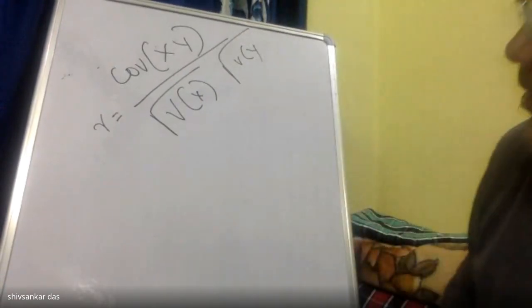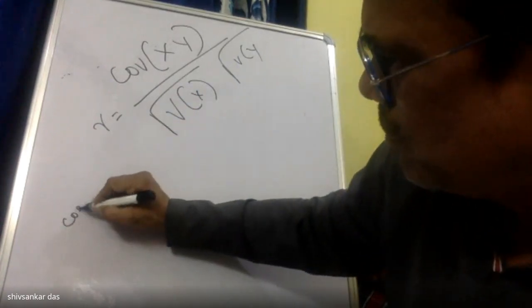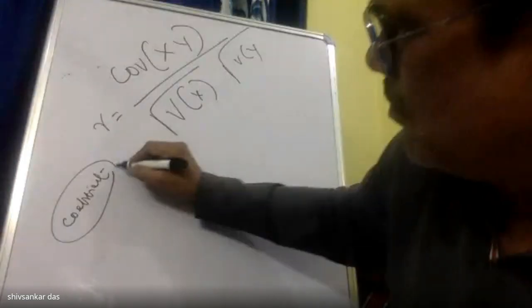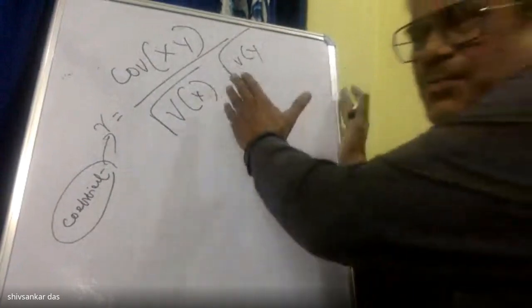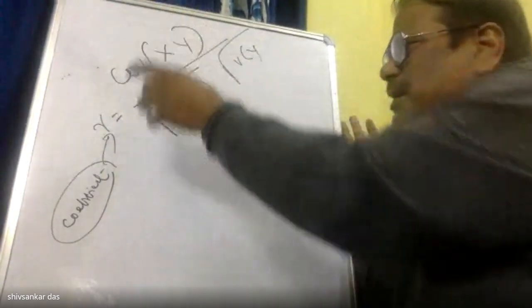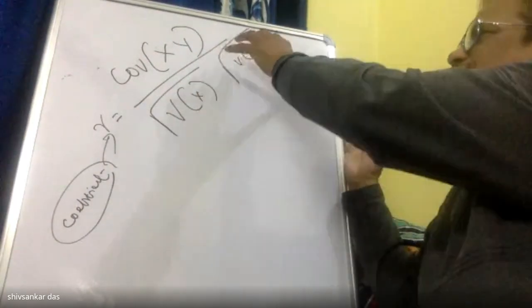Okay? Correlation coefficient R is equal to covariance of x and y, because there are two variables x and y, divided by variance of x and variance of y.